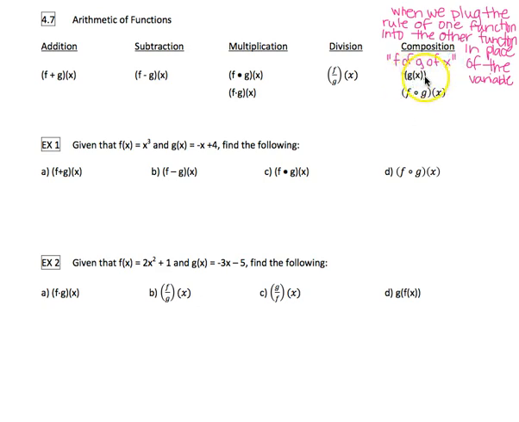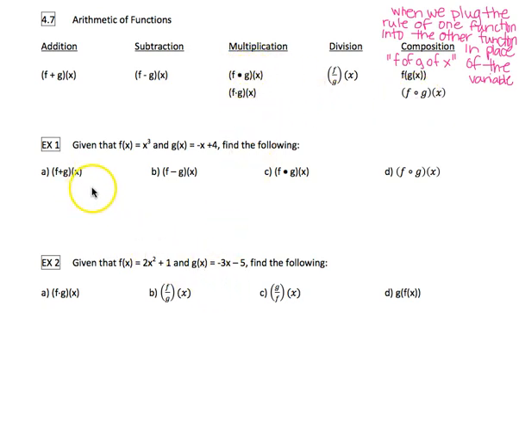So there's nested like that, where you have one function inside the parentheses of the other. And then there's this other notation where we have an open circle in the middle of them. The big thing is, please do not think that this is multiplication, because this open circle is not the same as these 2 over here.